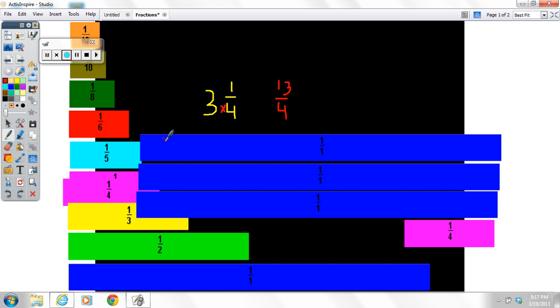If I have another 4/4 for this second bar, it would replace it. That gives me 8/4. Another 4/4 would give me 12/4, plus the 1/4 that I have left over here would give me 13/4 as an improper fraction. So that's how you take a mixed number and you convert it to an improper fraction.